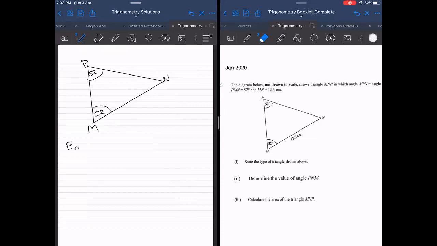All right, so first of all, we have two equal angles. So for one, triangle M and P is an isosceles triangle, since two angles are equal.